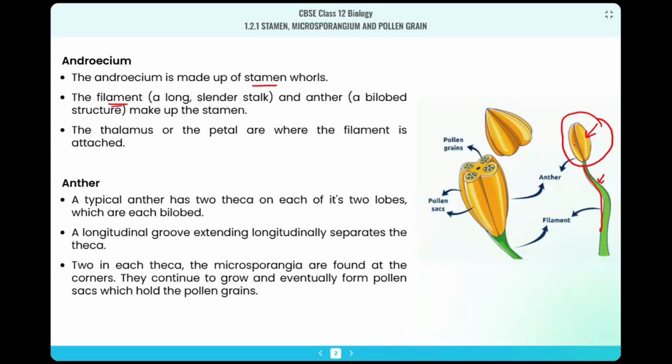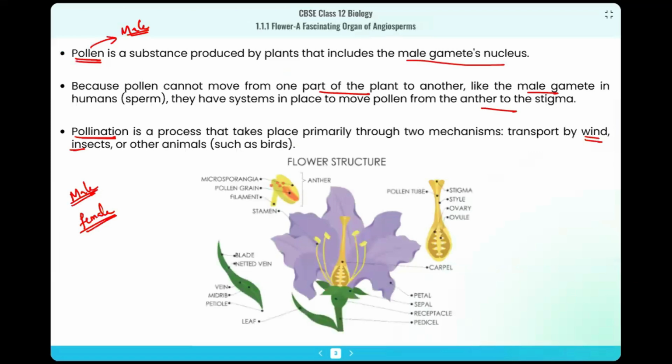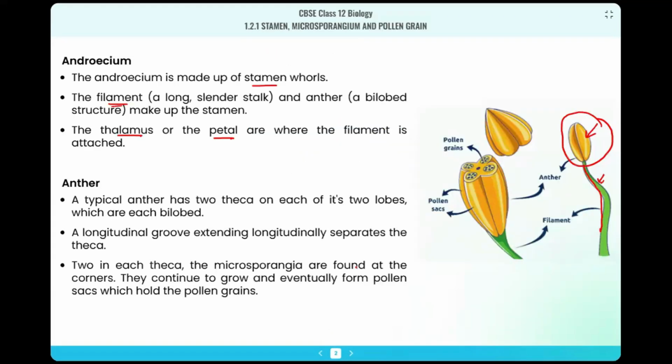So stamen is filament plus anther. Now the thalamus or the petal is where the filament is attached. In the previous diagram, you could see that the anther and the filament are attached to the petal. The thalamus part forms a base where the filament is attached.